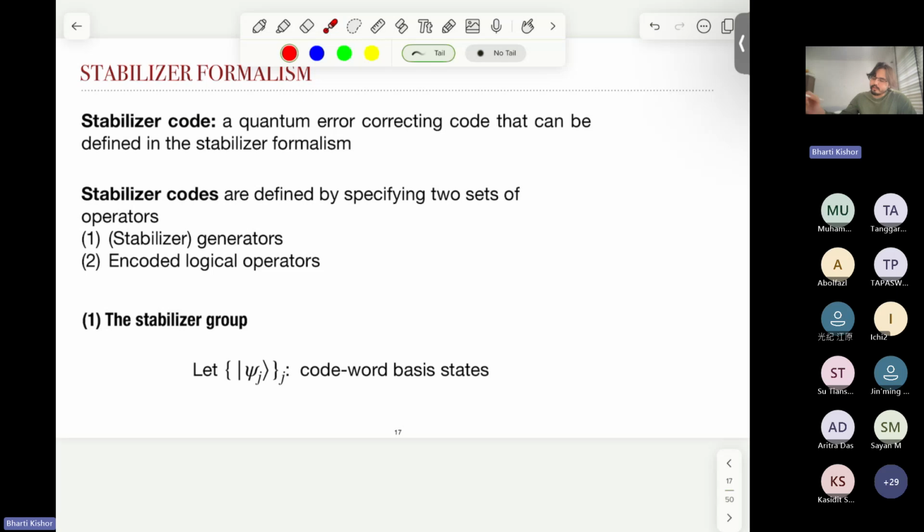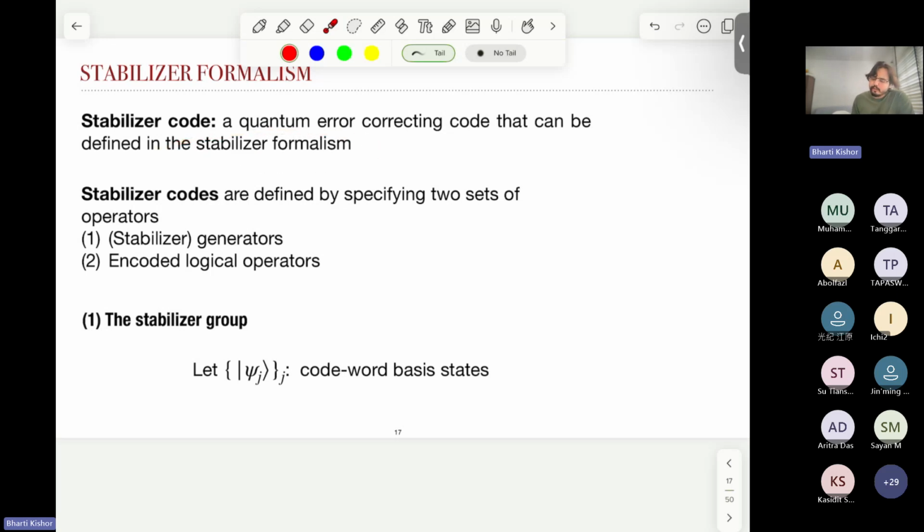So the stabilizer code is basically a quantum error correcting code that can be defined in the stabilizer formalism. For that, one needs to talk about what a stabilizer formalism is. I don't need to go into detail here; there is a rich theory of stabilizer formalism that you can find elsewhere.